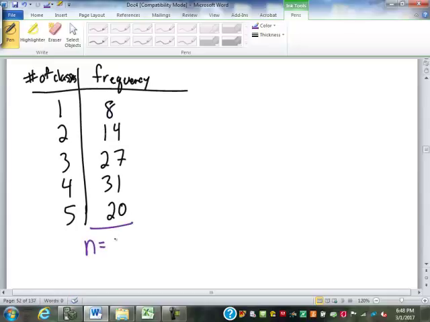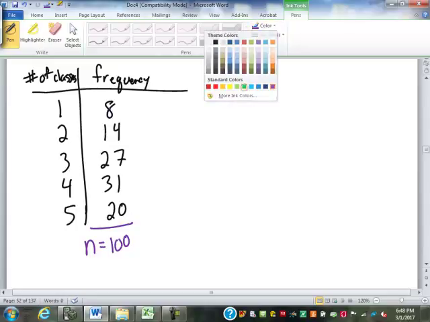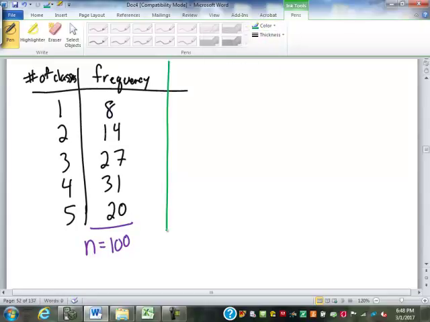And what do we get when we add those up? Should be 100. That's what I was shooting for. Now to find the total part of the mean, well, we have to add in 8 ones, don't we? To do that, we're just going to take the number times the frequency. Because if we add in 1 8 times, that's just 1 times 8 is 8.